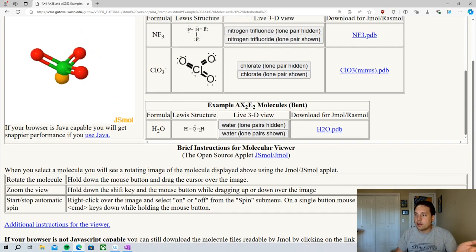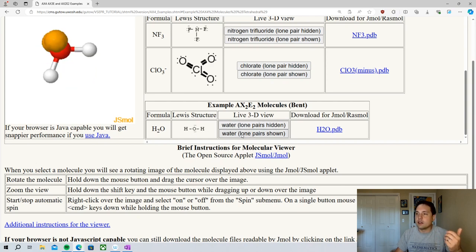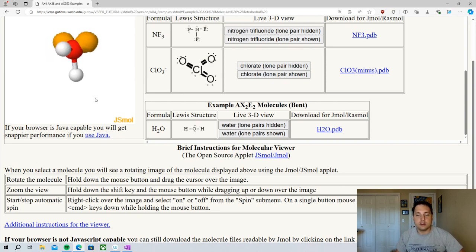So water, if you draw it like this, you're not going to account for the unique properties of water, which come about from it being bent. We'll talk in this lesson about molecular polarities, which is the sum of all the bond polarities in a molecule.